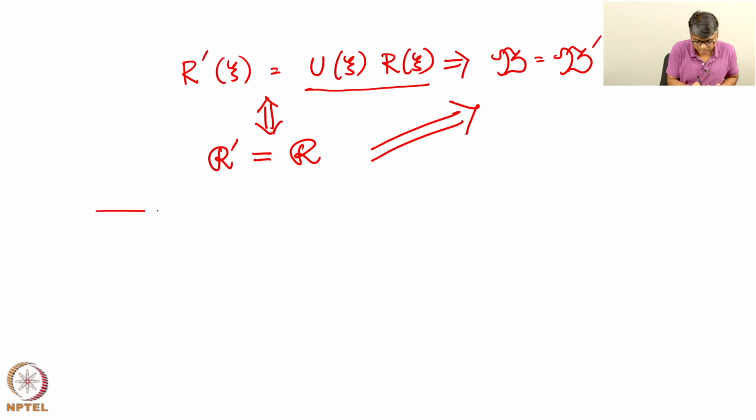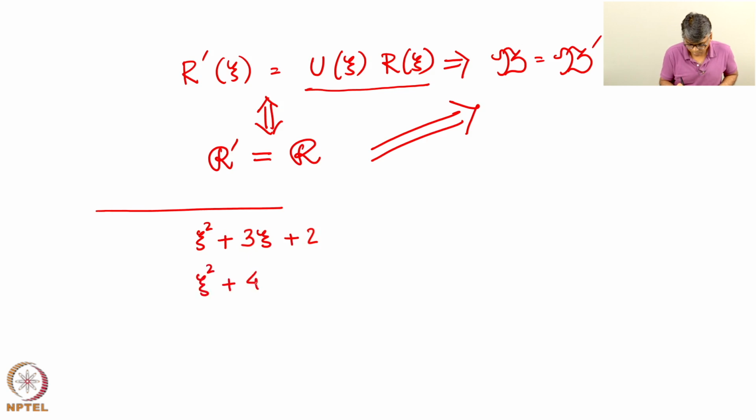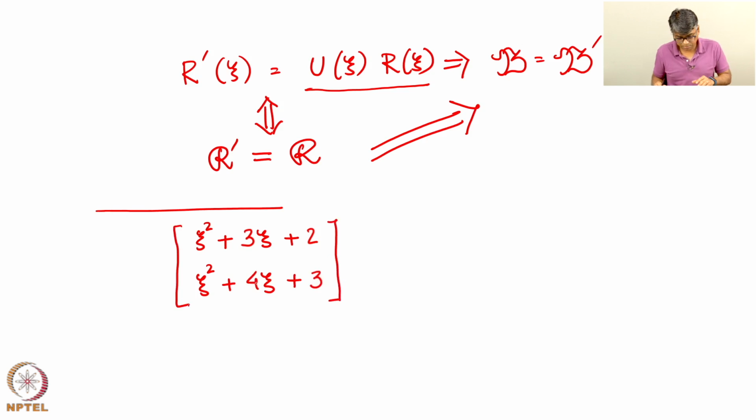The example was as I am going to write now. Remember, the equations were xi squared plus 3 xi plus 2, and here I have xi squared plus 4 xi plus 3, and remember this came out to have the same solution set as the kernel of just xi plus 1. Can we do something and get that?